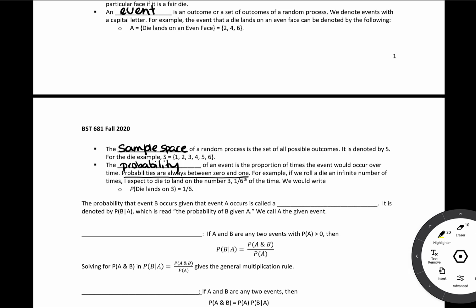For example, if we roll a die an infinite number of times, I expect the die to land on the number 3 1/6 of the time. We use capital P and parentheses to denote probability, so this reads: the probability that the die lands on a 3 is equal to 1/6.